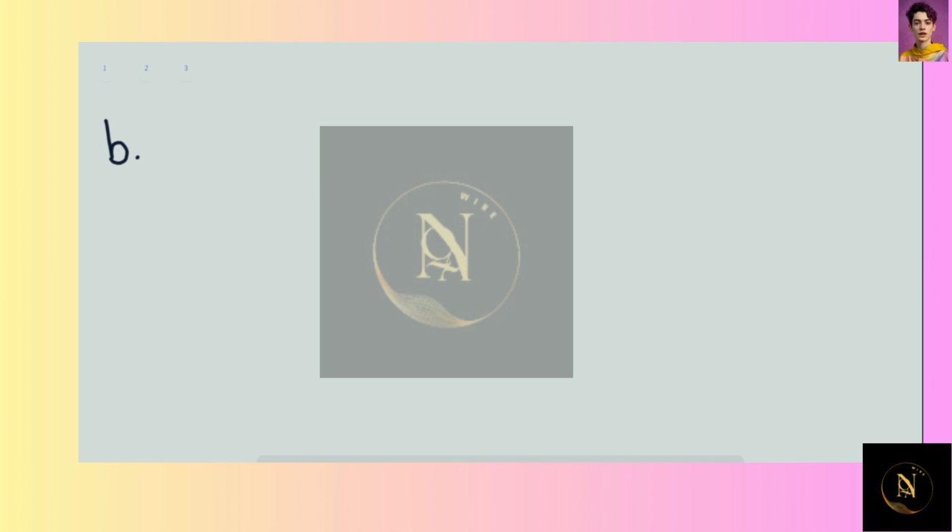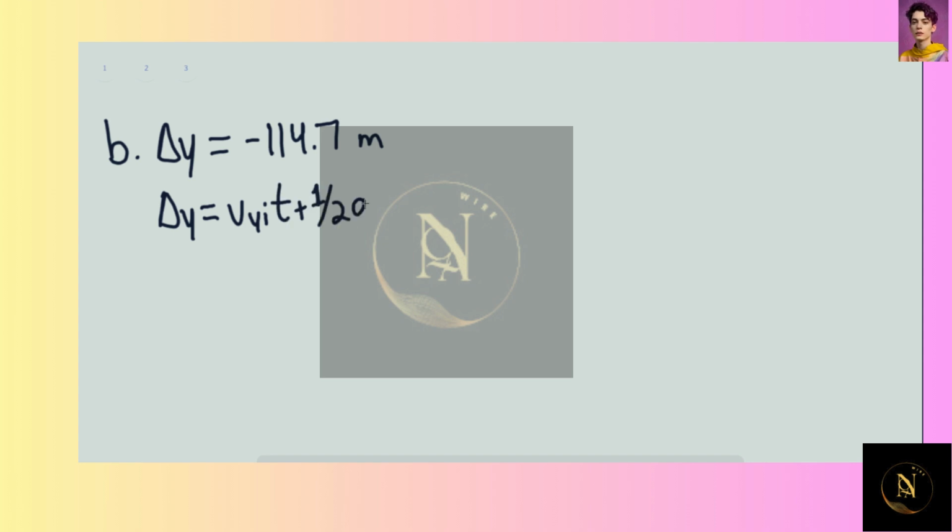So first we can calculate the time in the air from the vertical component of the projectile motion, and so we can say that delta y, in this case, is negative 114.7 meters, and then we can use delta y equaling Vy initial t plus 1/2 a sub y t squared.